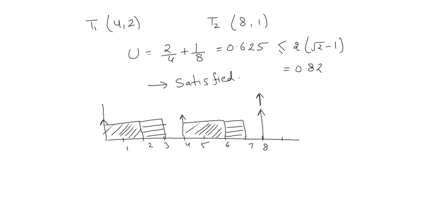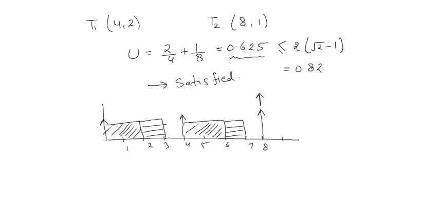Okay, so what will the utilization be in this case? If I compute the utilization, it was 0.625. So when there are two tasks, the utilization is low, so I could still increase it. How will I increase the utilization? I can accommodate one more task here if it is possible.